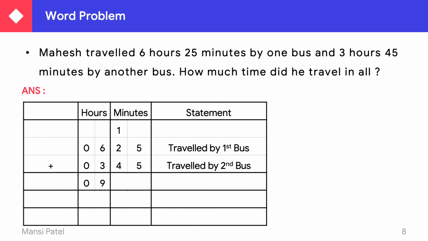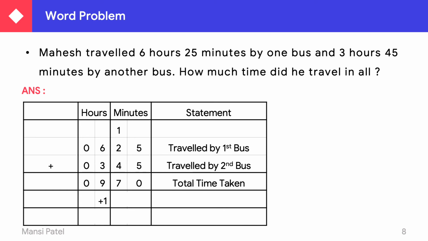So 5 plus 5 is 10, 0, 1 carry. 4 plus 2 is 6, 6 plus 1 is 7. 70 minutes and 9 hours. This is the total time taken. But we know that in 1 hour there are only 60 minutes. In our answer you get 70 minutes.